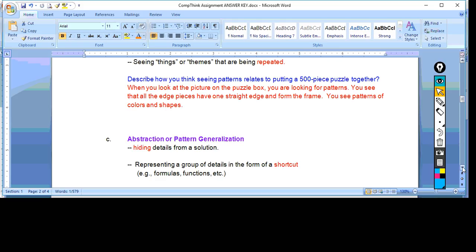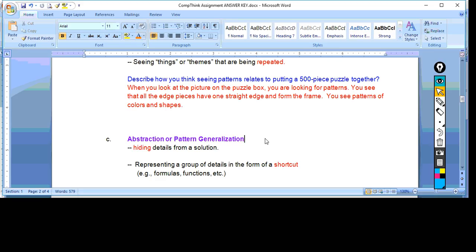Then abstraction, which is what I'm going to spend a little bit more time on because it's a little bit more complicated, is hiding details from a solution. Abstraction, or pattern generalization, is representing a group of details in the form of a shortcut. When you use formulas or functions in math, sometimes all you have to do is plug in the numbers and do the calculations, and voila, you've got what you need.